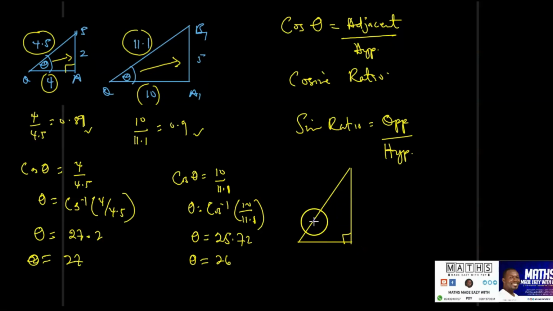Let's take it that we have 4 here and 8 here, and I'm asked to find the angle theta. Let's say 8 is here and 4 is there, because the hypotenuse is always longer. So I have 8 as the hypotenuse and 4 as one of the legs.